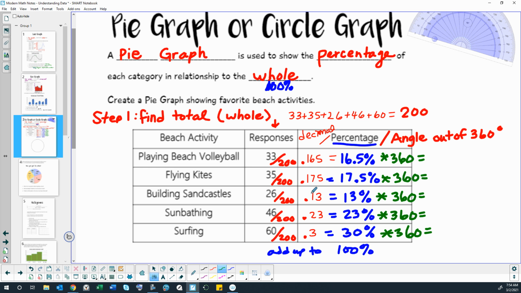Okay, so 16.5%, when I multiplied the 16.5 with the percent button times 360, I got 59.4. Did you guys try that? If you try that in your calculator, make sure you can get that correct angle.